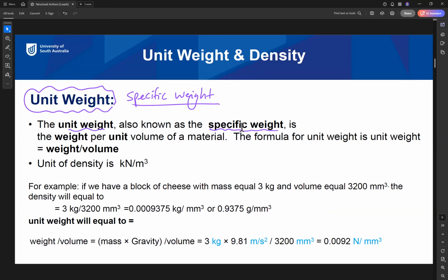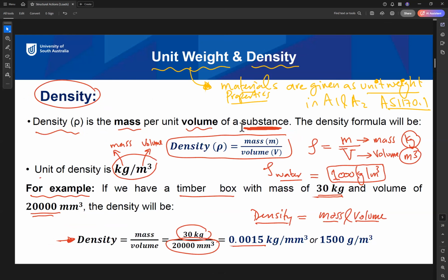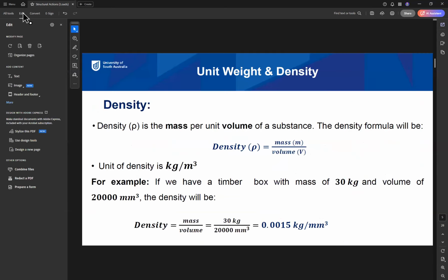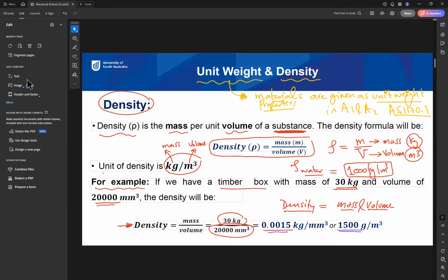Okay, so that's a good question from Yasser. How to convert from this one to this one here, from kilogram per millimeter cubed to gram per meter cubed. So I will add a slide here.